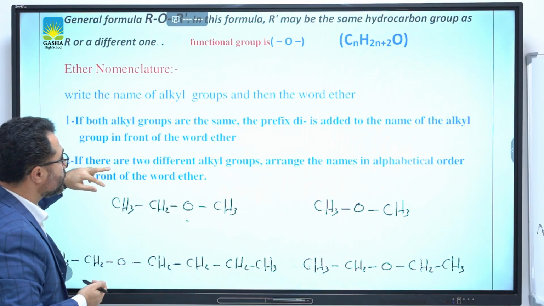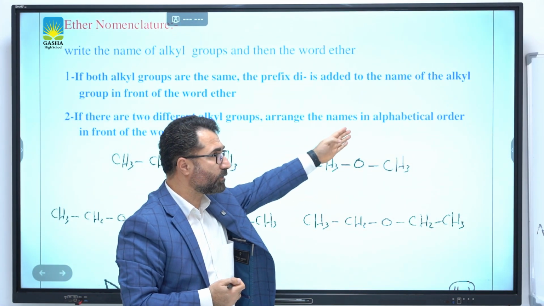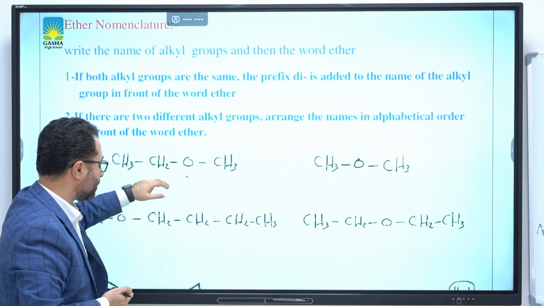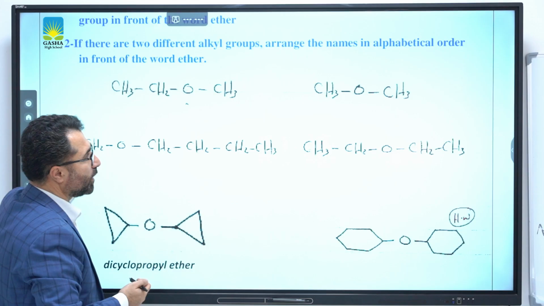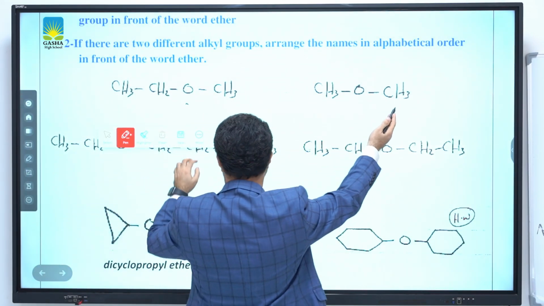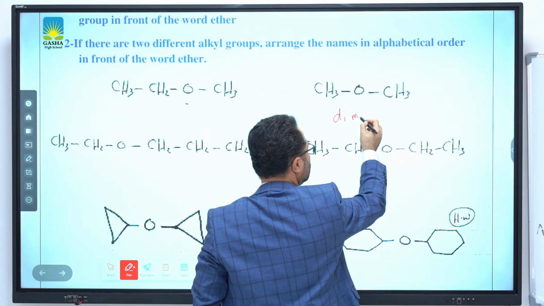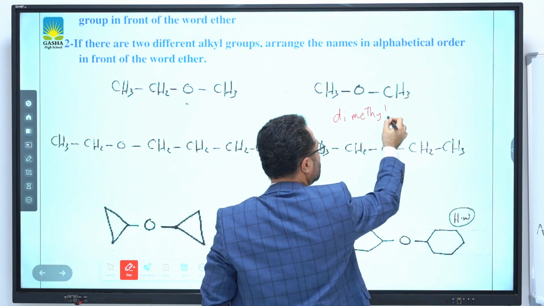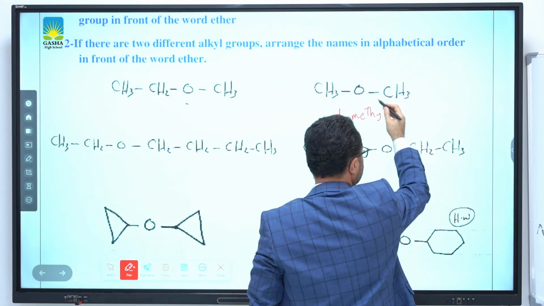But if it has two different alkyl groups, write the one that comes first in alphabetical order first and then ether. For example, in the first one we have two same alkyl groups, CH3 and CH3. So you have to write dimethyl, not methyl. It's dimethyl, and ether instead of O.